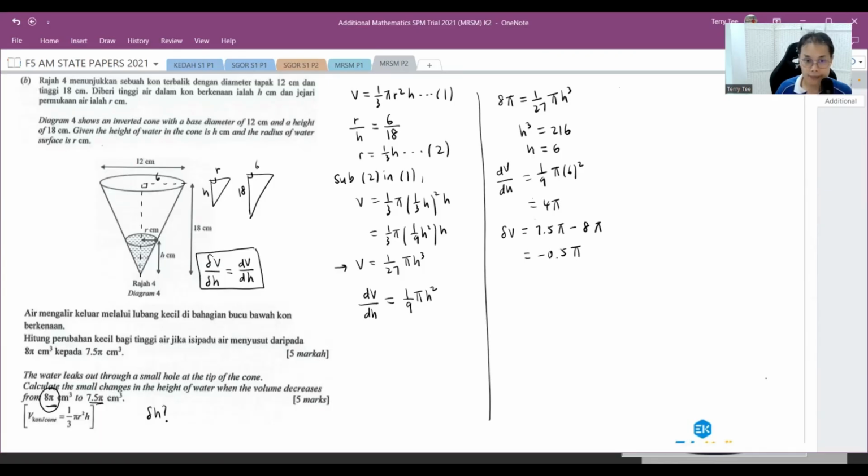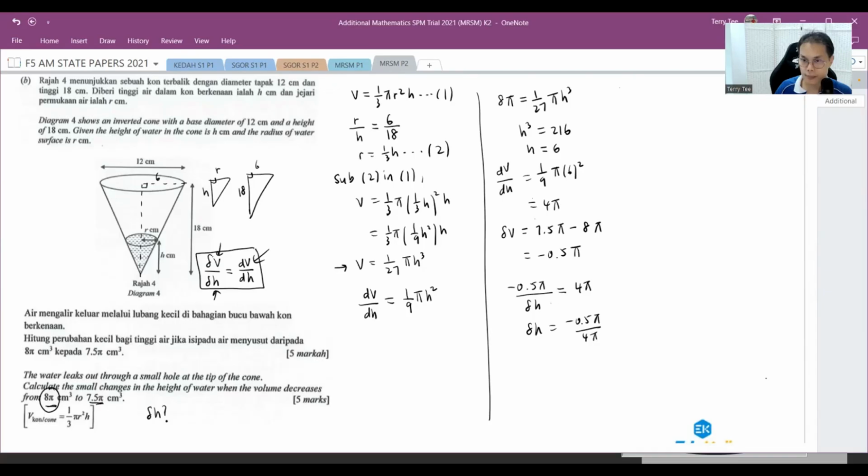With that, I know my delta V, I know my dV/dh, I just have to find my delta h. So let's take negative 0.5 pi divided by delta h equals dV/dh, which is 4 pi. So bring this delta h up. Maybe I show you one more step. Bring the 4 pi down.